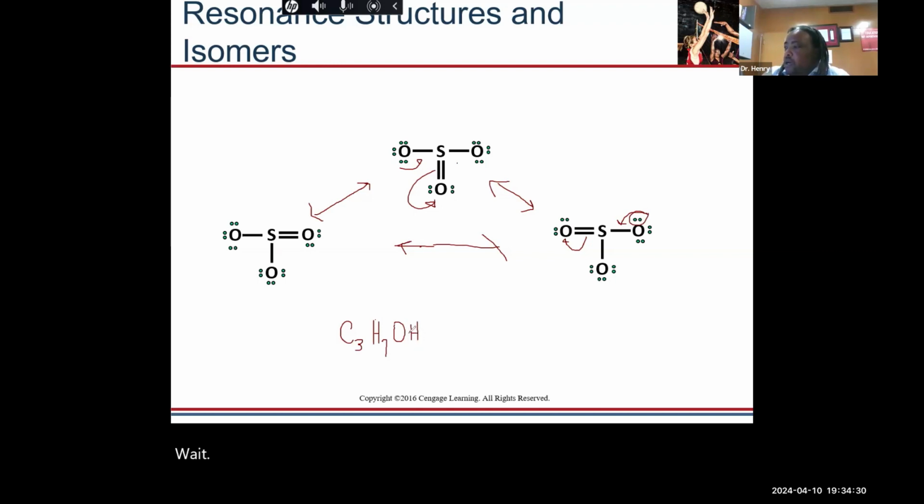So this here is an alcohol. And this alcohol has 3 possibilities that you can get from it, right?